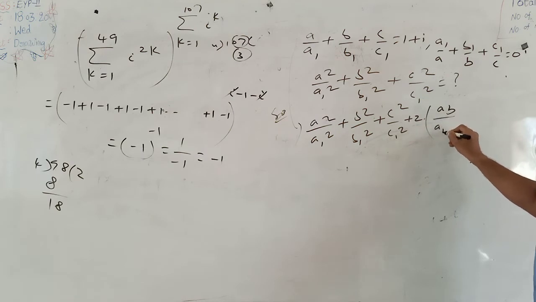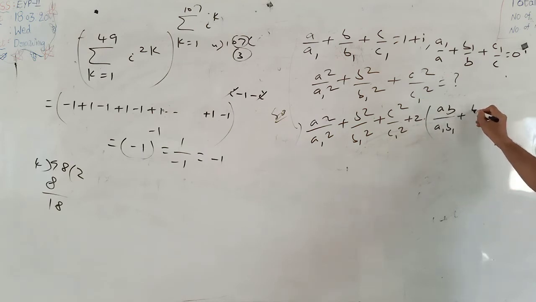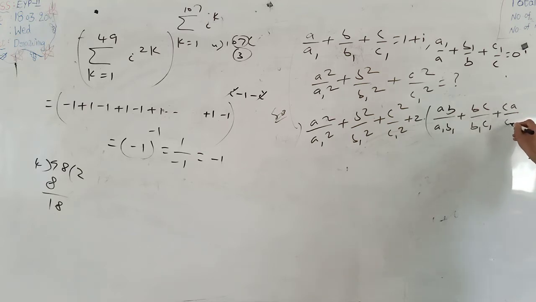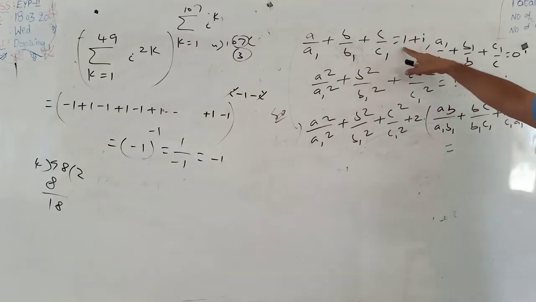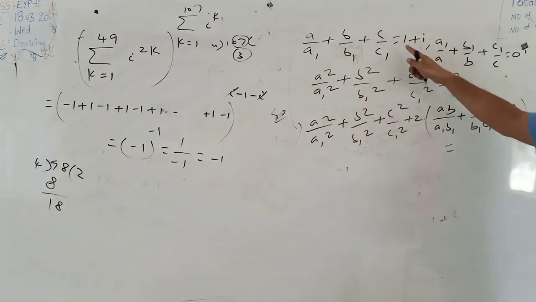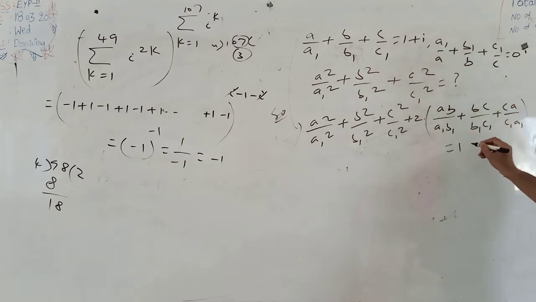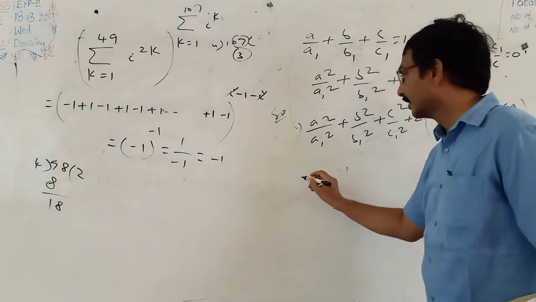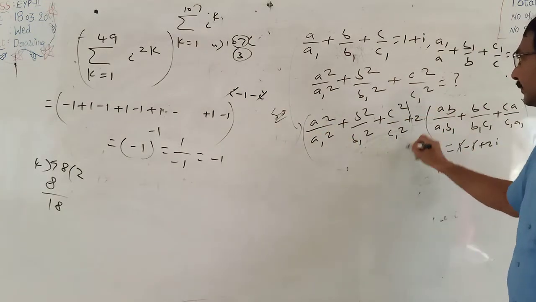Therefore, ab by a1 b1 plus bc by b1 c1 plus ca by c1 a1 equals the square of (1 plus i), which is 1 squared plus i squared, that is minus 1, plus 2i; minus 1 plus 1 cancel. The RHS value is 2i. Now this is required.